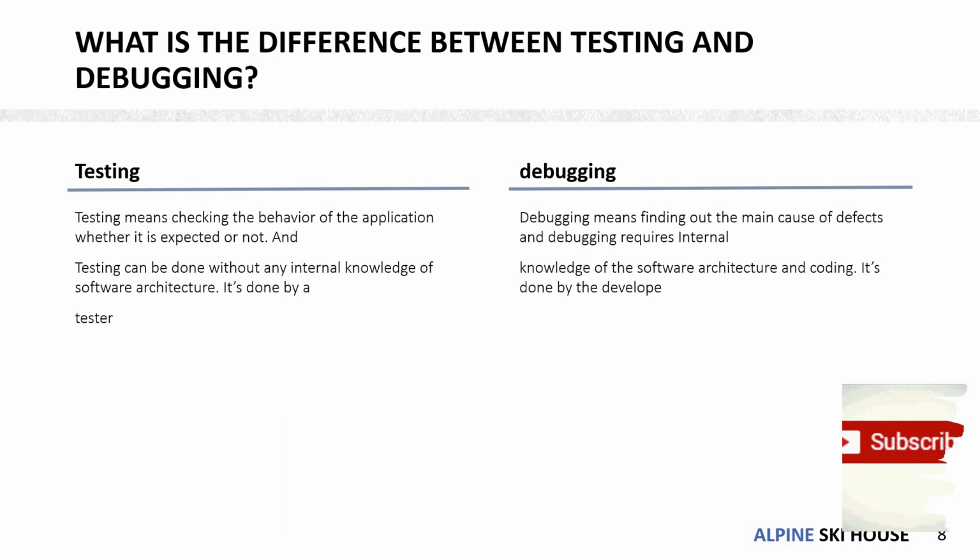And debugging means finding out the main cause of the defects, and debugging requires internal knowledge, the back end, the code. Testing can be done without any internal knowledge of software architecture. It is done by testers, who don't actually need the flows and everything. Debugging requires internal knowledge of software architecture and coding, and it is done by the developers.